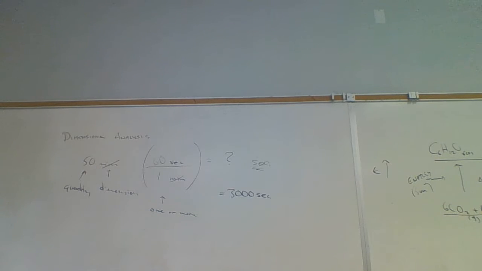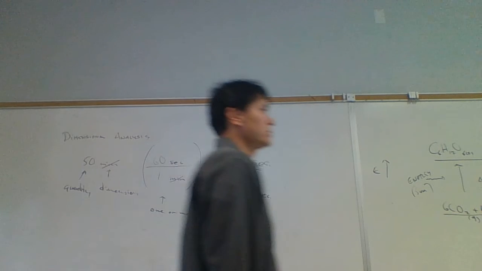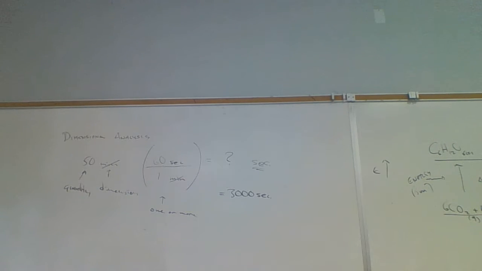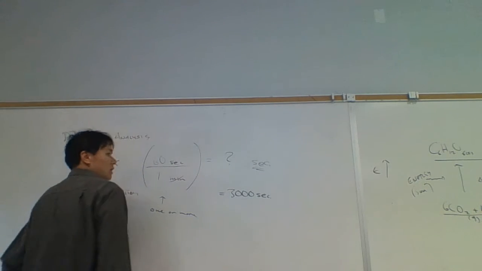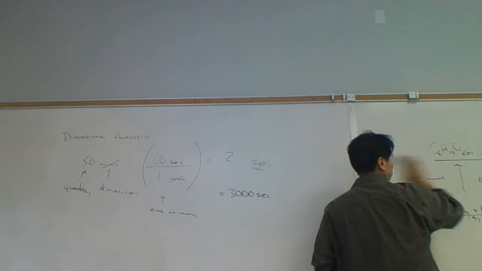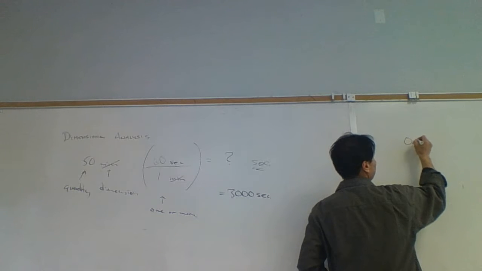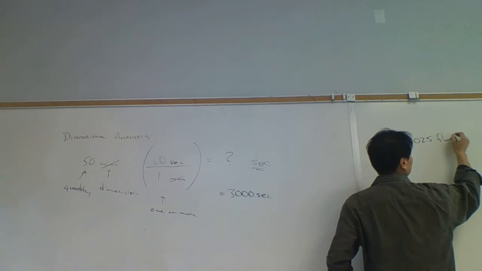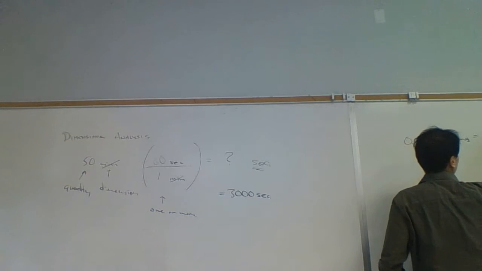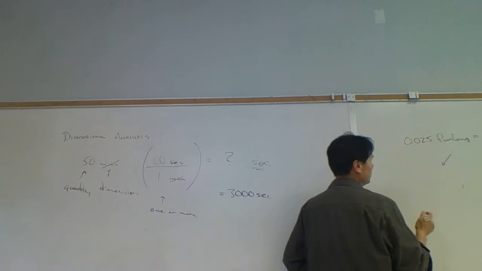Okay, we'll talk a little more about conversion factors here in just a second, but a conversion factor is just some equality. So, for example, here, this would be a conversion factor: 0.025 furlongs is equal to 1 rod. I don't know what furlongs or rods are, but this would be an equivalency. Whenever we're given a relationship like that, we're relating a dimension to another dimension, and we can use it in one of two ways. It depends on what we need to cancel out.